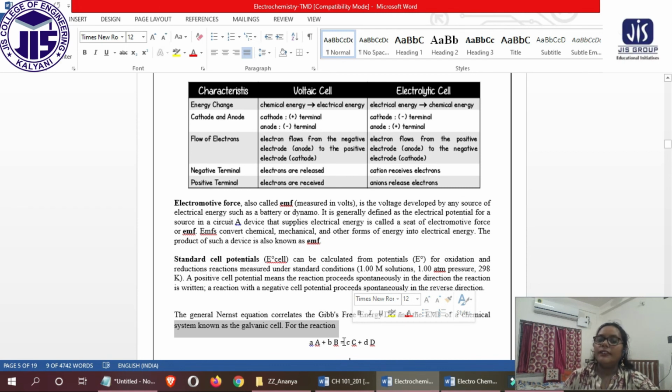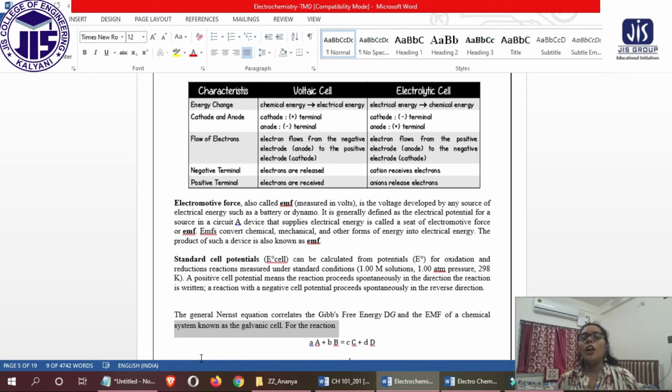For a reaction like A plus B, we have the reagent A and the reagent B, which react and form the products C and D. For this reaction, the Gibbs free energy can be related to the EMF. This is actually called the Nernst equation. Today we do not discuss the Nernst equation; the general Nernst equation we will discuss in our next class.